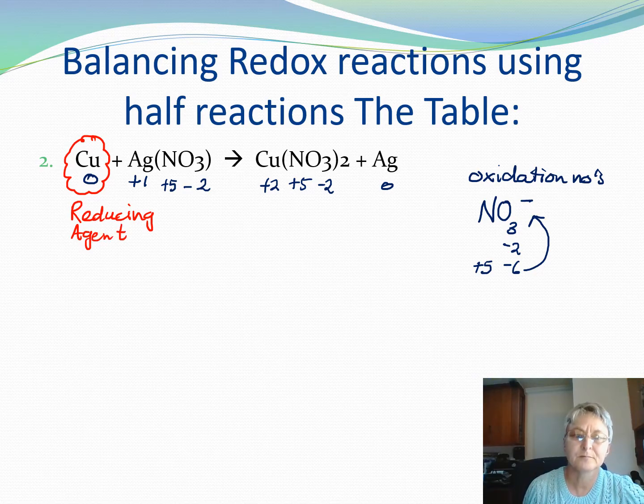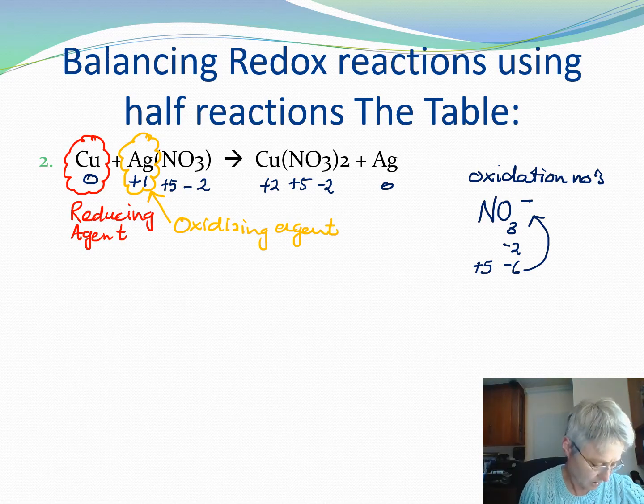And the silver ion on the table of reduction potentials is an oxidizing agent. You will also find that nitrate is an oxidizing agent on the table, but because it didn't change, it remained unchanged. It's called a spectator ion.